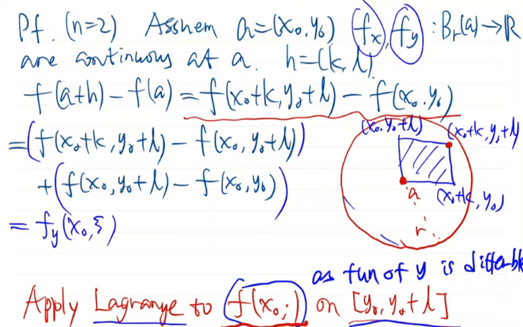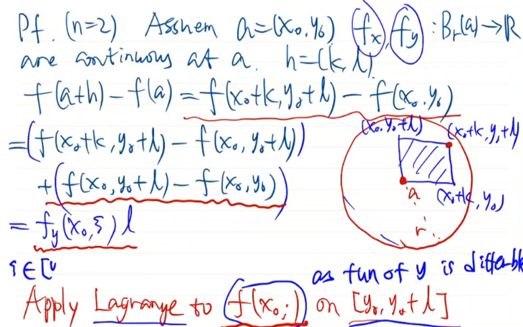Then y0 plus l minus y0 is l. So the difference of these two terms is equal to this for some c in y0 and y0 plus l.